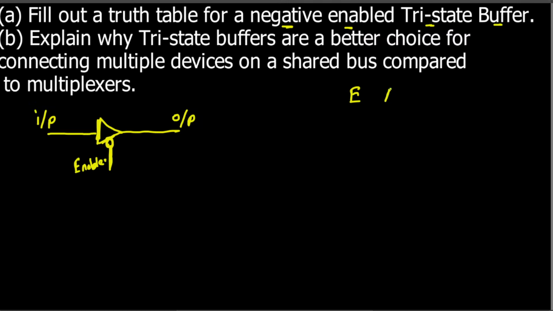Let's call the enable E, the input A, and the final one, the output, X. You can name them as you like, but you know what it is: E is enable, A is input, X is output.